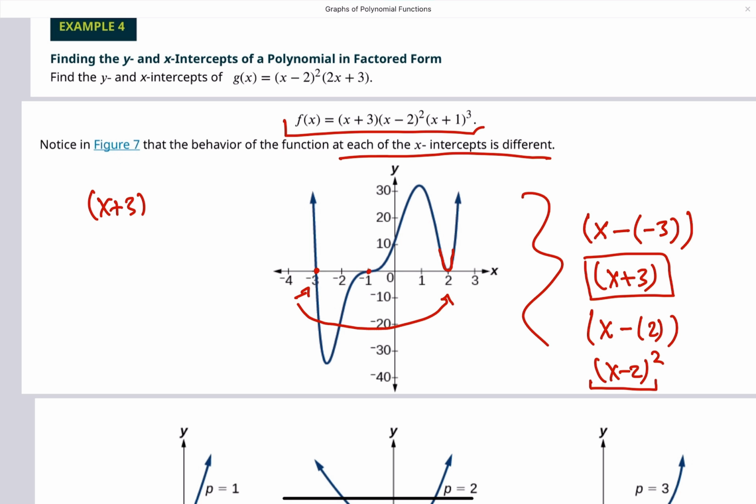Now, what about negative 1? Well, you can tell that it's crossing the x-axis, and it has this odd shape where it flattens out on the x-axis, then continues in its direction, whether it's above or below the x-axis.